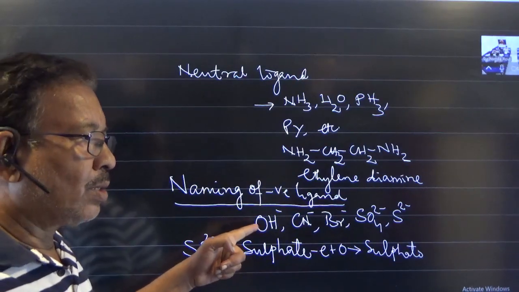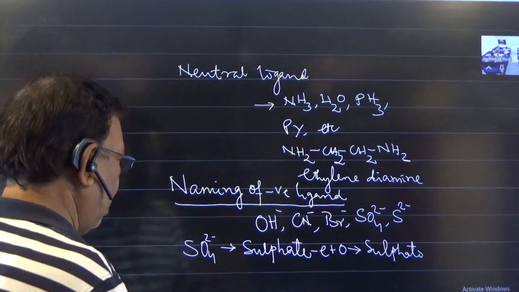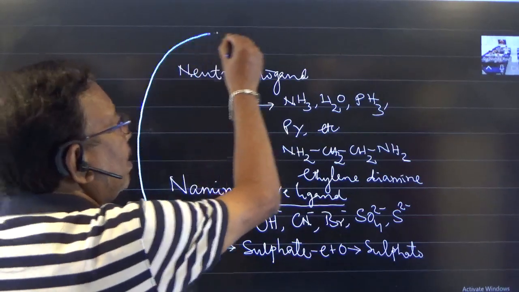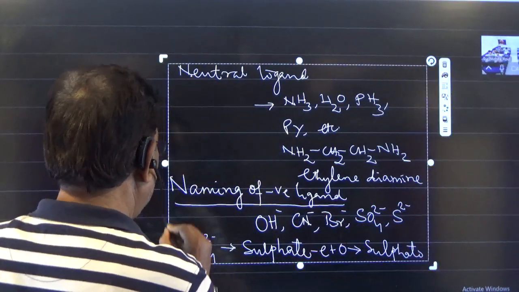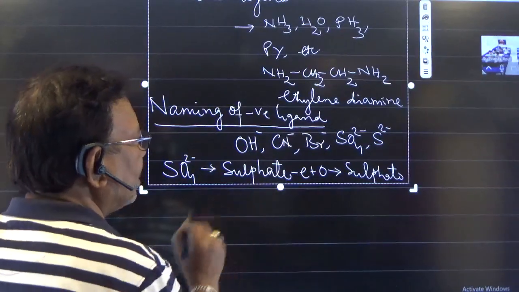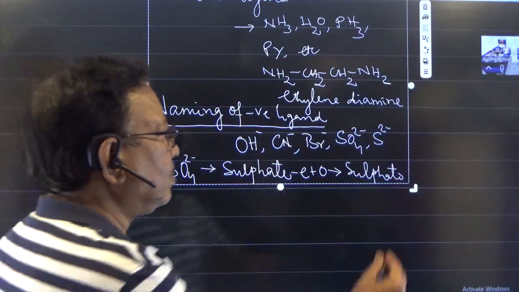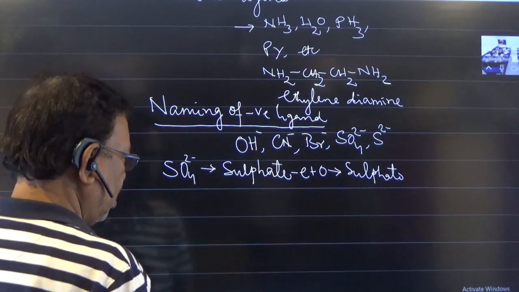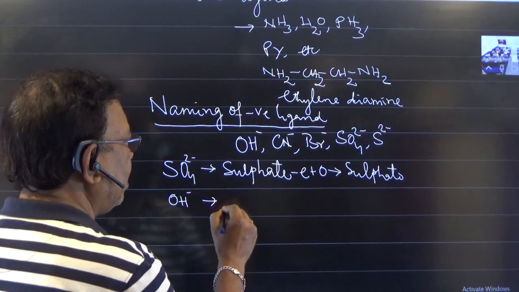So OH minus. Now you tell what will be the name of OH minus? Tell me, as per the rule I told. Sir, hydroxide. So OH minus is hydroxide.